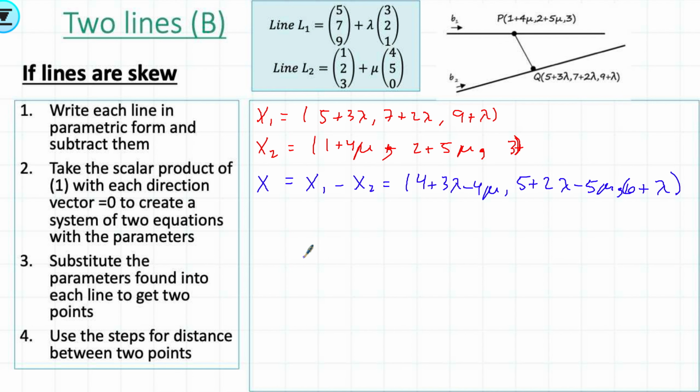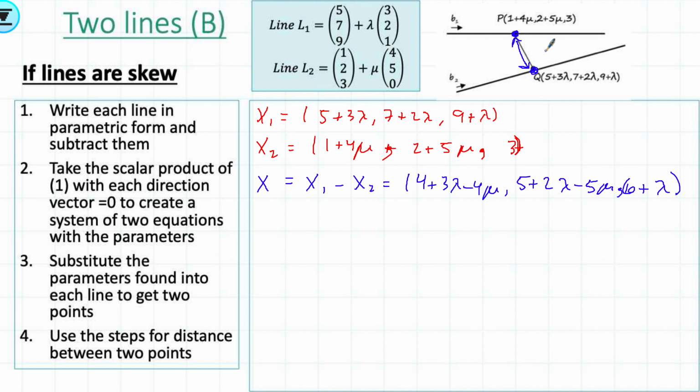Okay, so now we found a point representing this, and then we found this distance between them. Remember, these are not intersecting, they're skew, so for the visualization just turn it into 3D.